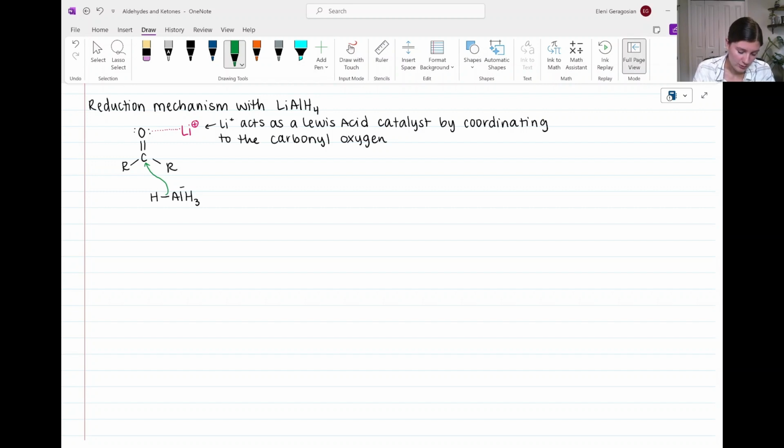Those electrons will donate to the carbonyl carbon, and the electrons in the pi bond are then owned by the oxygen. So the product of this step, we've broken the pi bond, we still have the carbonyl carbon bonded to 2 R groups, and now this oxygen has a negative charge because it gained ownership over electrons in the pi bond, and we have a new bond to the hydrogen from aluminum hydride.